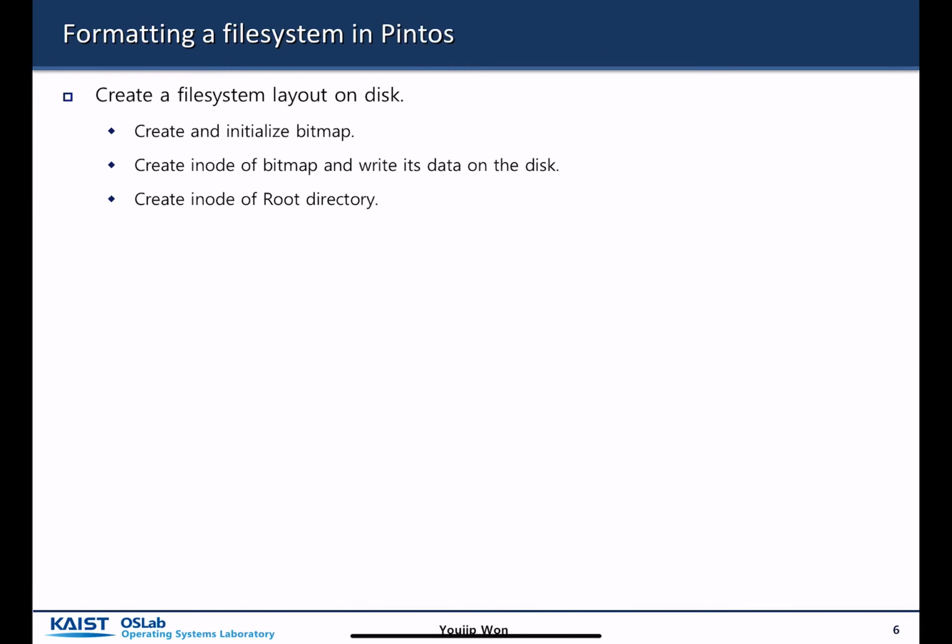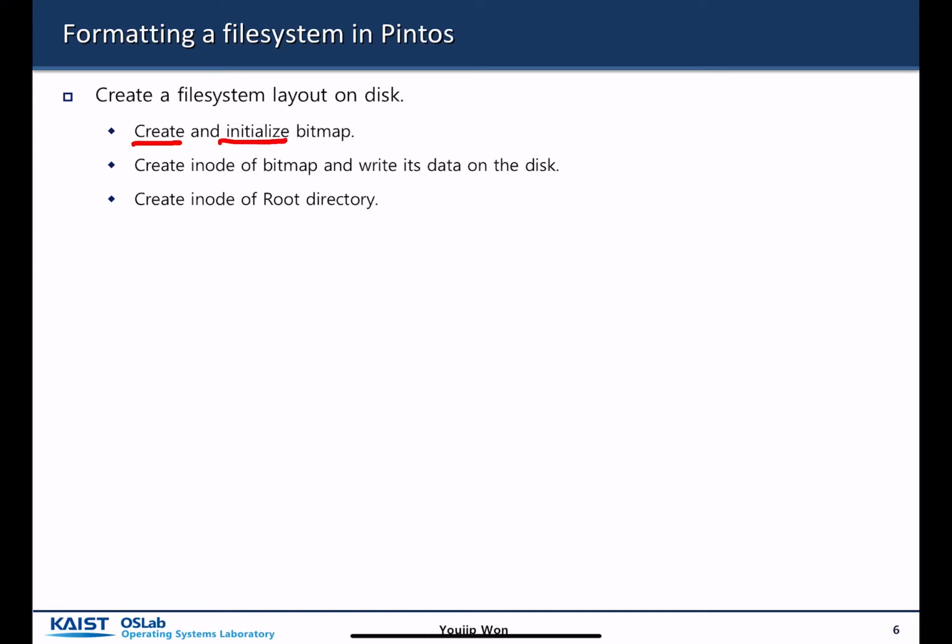Formatting a file system in Pintos takes basically 3 steps. First, create and initialize how each of the sectors in the file system partition is being used. Of course, most of the sectors are free at the file system partition phase. After creating a bitmap, you regard the bitmap as a file.